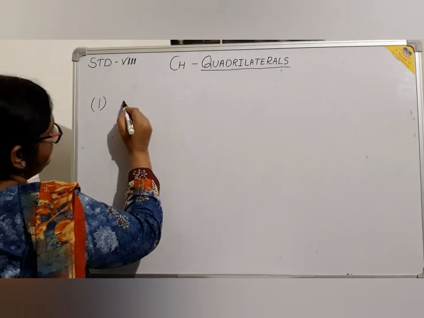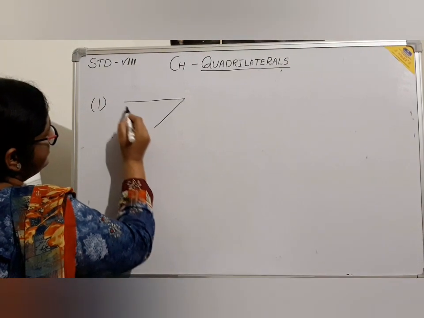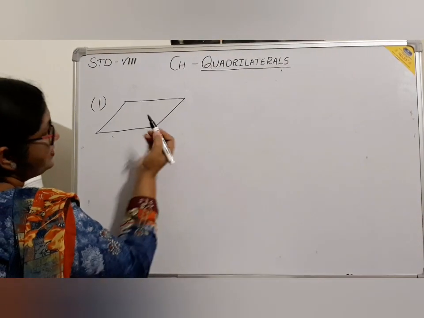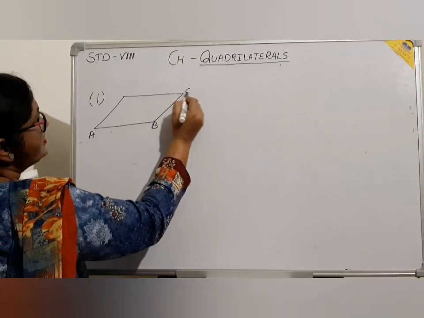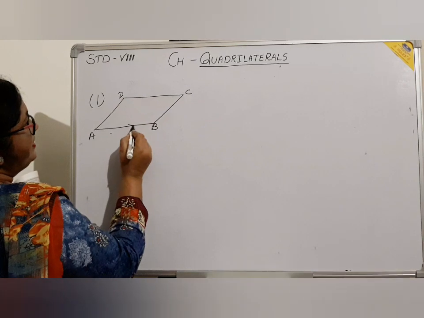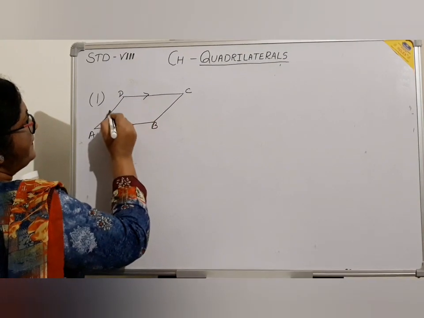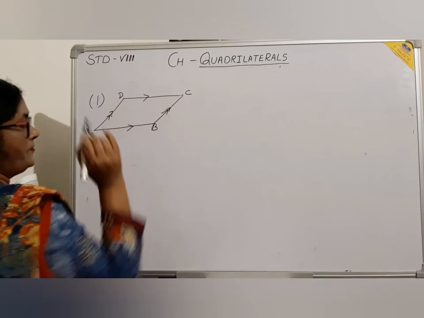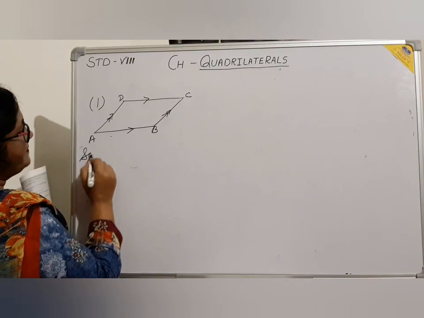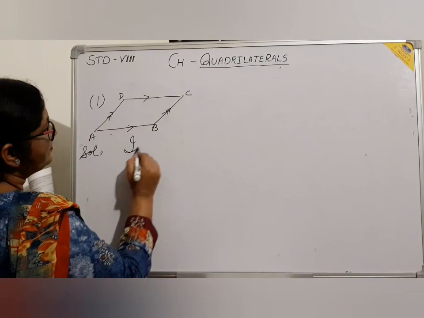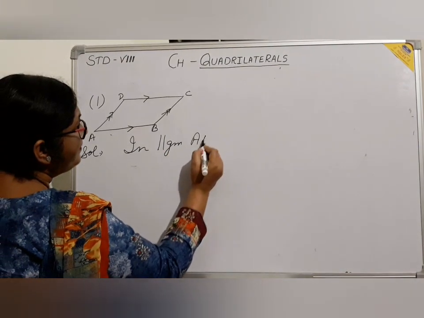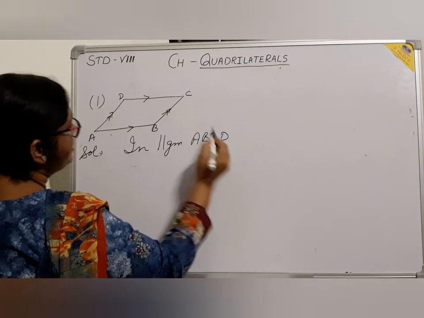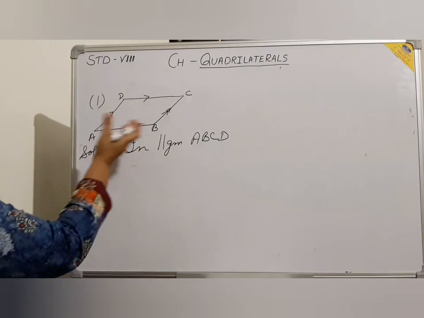First sum. This is parallelogram A, B, C and D. Now, what are adjacent angles?